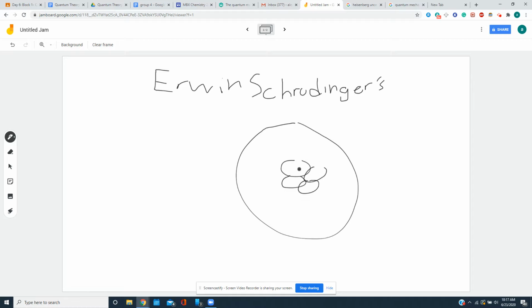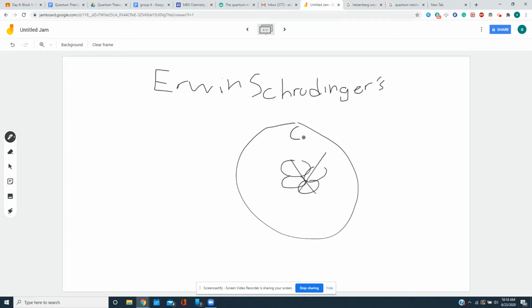Anything else excluding the nucleus would be sort of a fuzzy cloud, as many people describe it, of electrons.